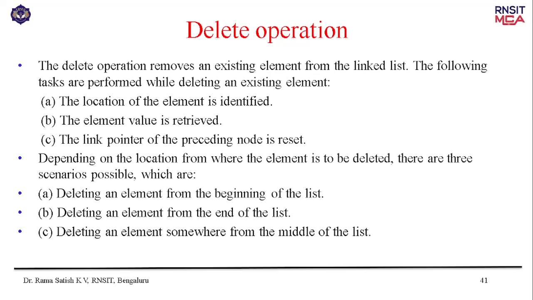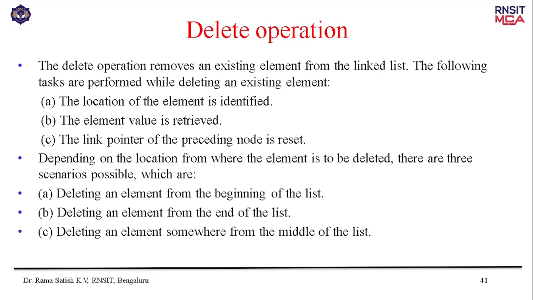For the element which you are looking to delete, there are three possible scenarios. First one, delete the element at the beginning of the list. There are chances that the element may be available in the first node itself, so you should be prepared to delete the first element of the linked list.